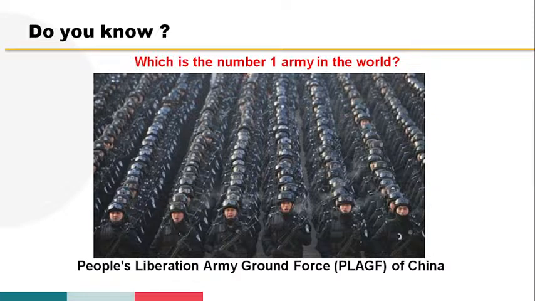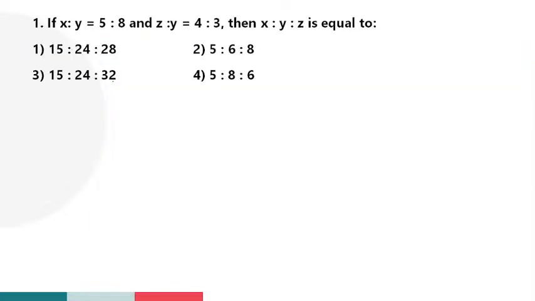This is a general question, guys, and next coming to the first problem. If x is to y is equal to 5 is to 8 and z is to y is equal to 4 is to 3, then x is to y is to z is equal to?